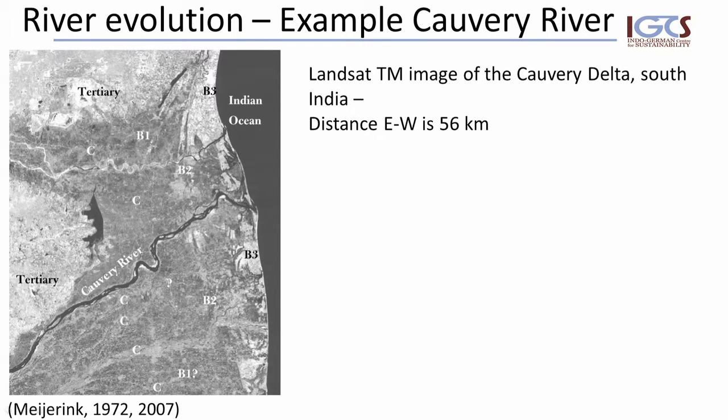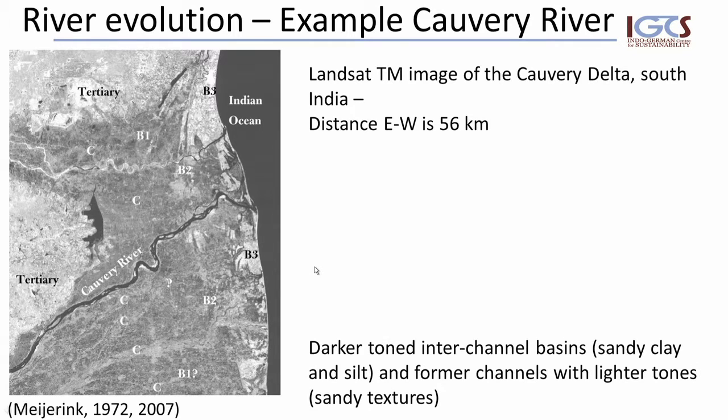This is today's channel, and the Indian Ocean here in black. And we have various formations here, tertiary formations, which are very visible here, and sedimentary formations, grayish-white, in those areas between the ocean and today's channel. This whole picture has a width of about 56 kilometers.